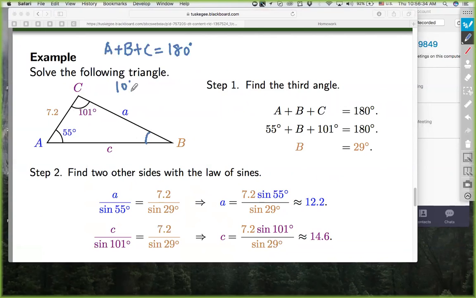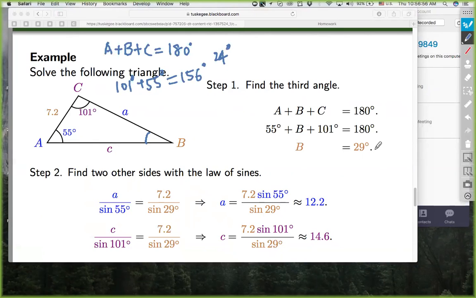So 101 plus 55 equals 156, right? So 180 minus 156, the difference is 24 degrees. 24 degrees.